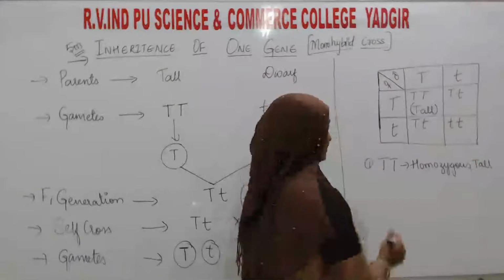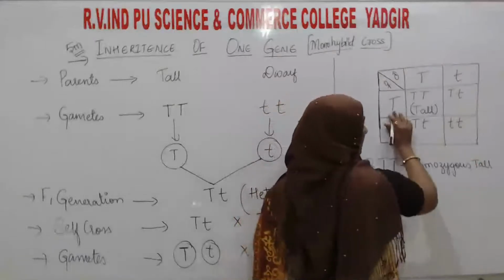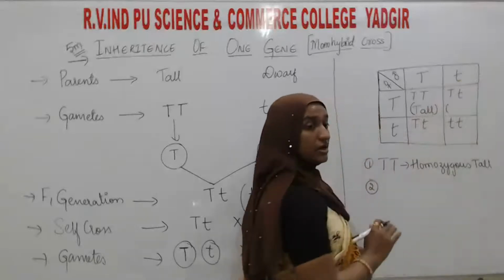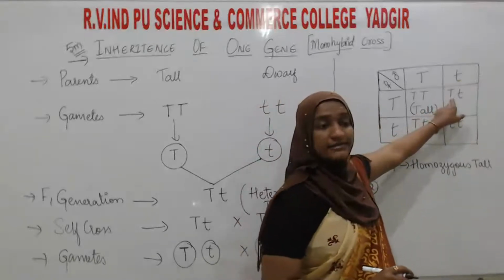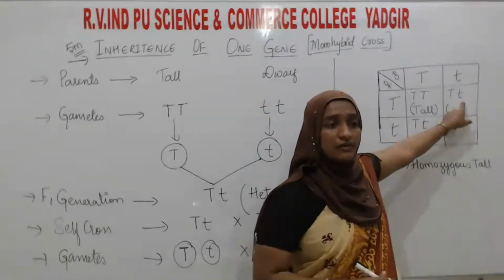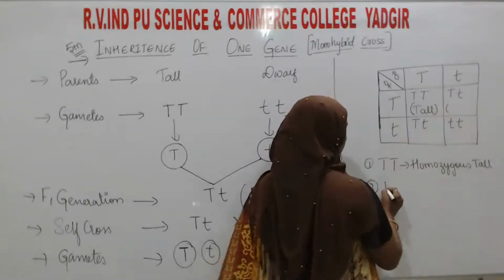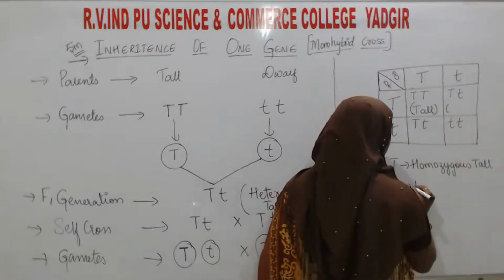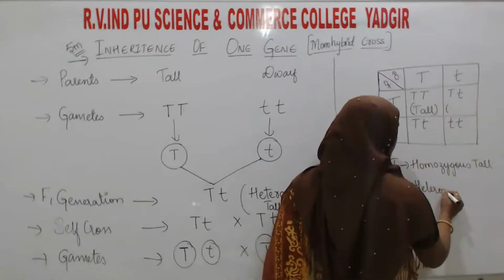Then the second one, capital T, small t, that will become tall only, because here the first letter is dominant over the small t. Tall is dominant over dwarf. So here capital T, small t, but the condition we can write is that it is heterozygous.